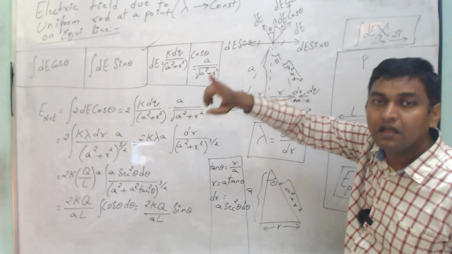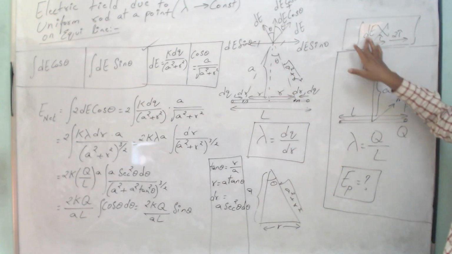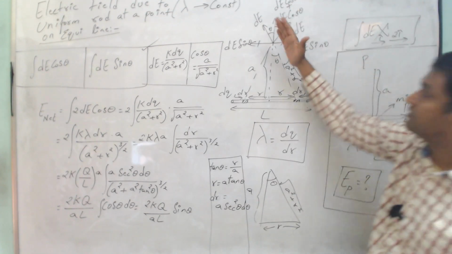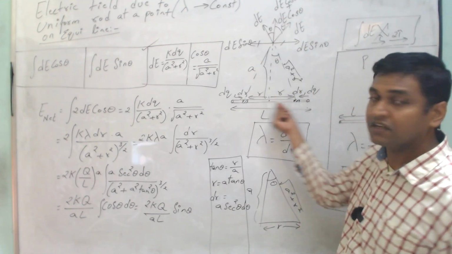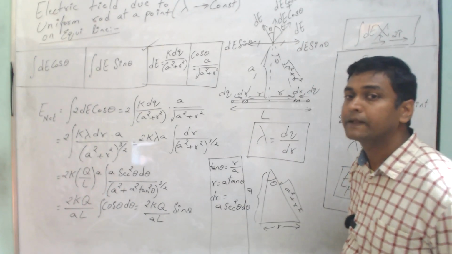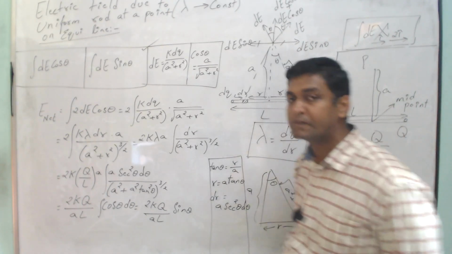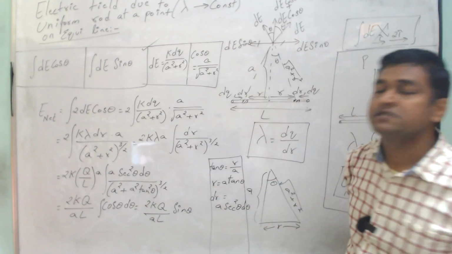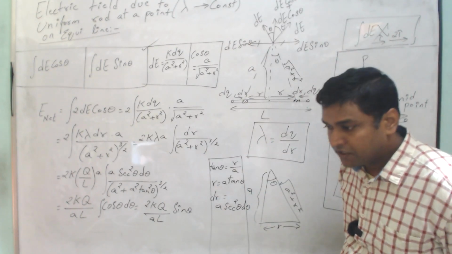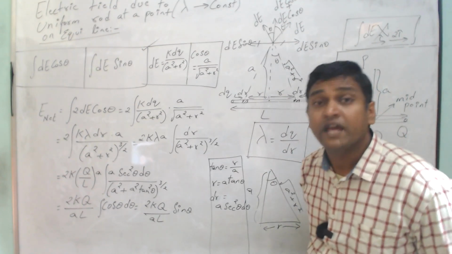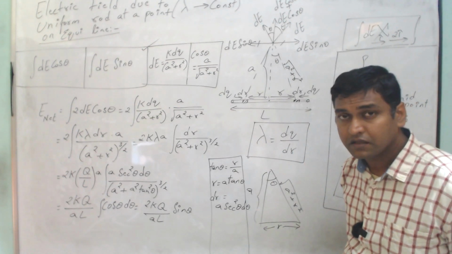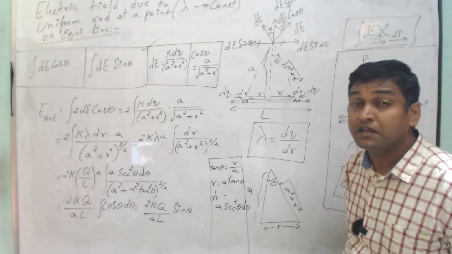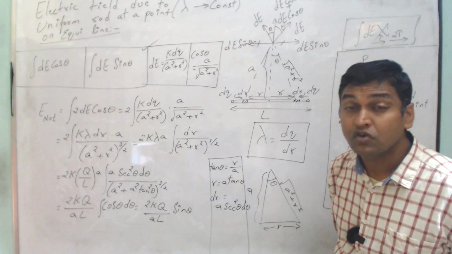But I have to understand that integral dE will not give me the answer, because here, as the charge is varying along the rod, the direction is also varying. So we just now realized that I cannot integrate a vector whose direction is changing. Can I integrate a vector whose direction is constant?